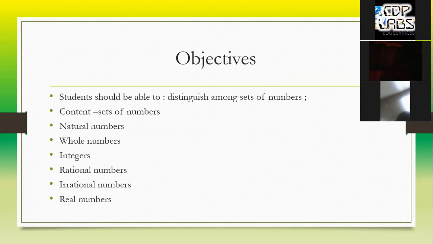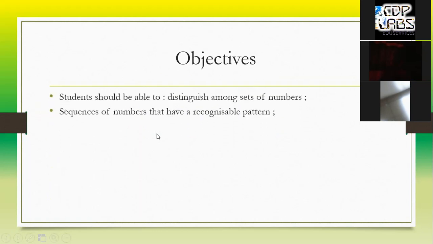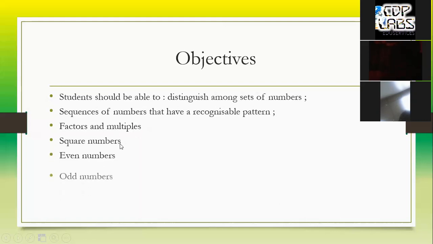So the content we're looking at: sets of numbers, types of numbers, natural numbers, whole numbers, integers, rational numbers, irrational numbers, real numbers, and the list continues. I will also look at sequences of numbers that have a recognizable pattern, such as factors and multiples, square numbers, even numbers, odd numbers, prime numbers, and composite numbers.